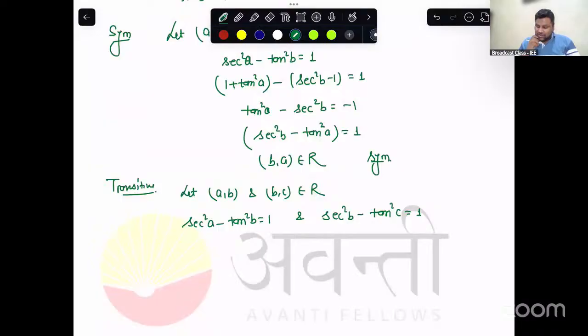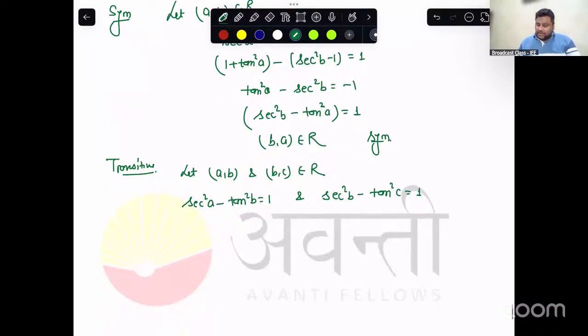Correct? Let us add both of them. So sec square A minus tan square B plus sec square B minus tan square C equals 1 plus 1, which is 2.